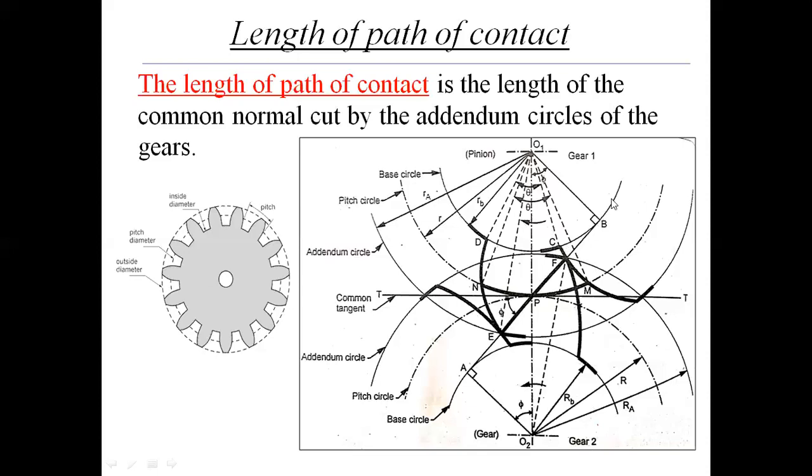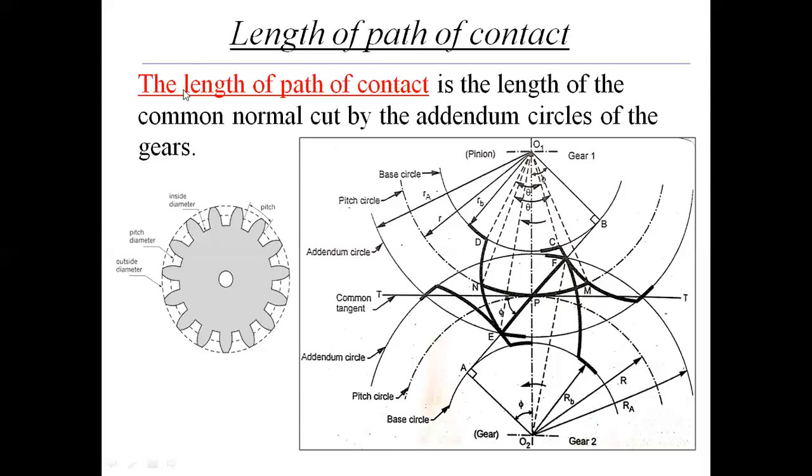This is the base circle of the pinion and this is the base circle of the gear. So the line which is drawn tangent to both the base circles is the common normal line. AB is the common normal line. So the point of engagement F and the point of disengagement E of the same tip, which is measured on the common normal line, is nothing but the path of contact FE.